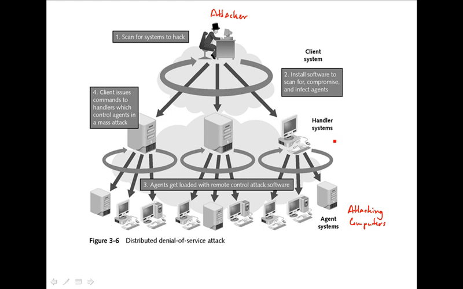Then a lot of times there's a kind of hierarchy here where the attacker directly controls some handler systems, and these in turn pass commands on out to the front line, as it were, these agent systems. So down here you could actually have thousands of computers that are available to attack another computer.